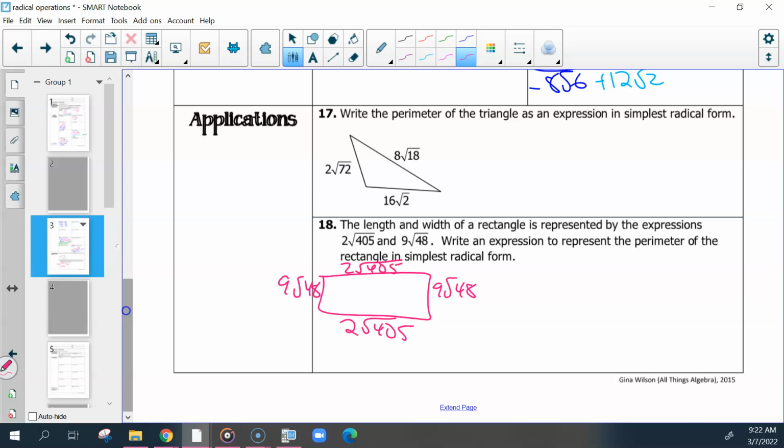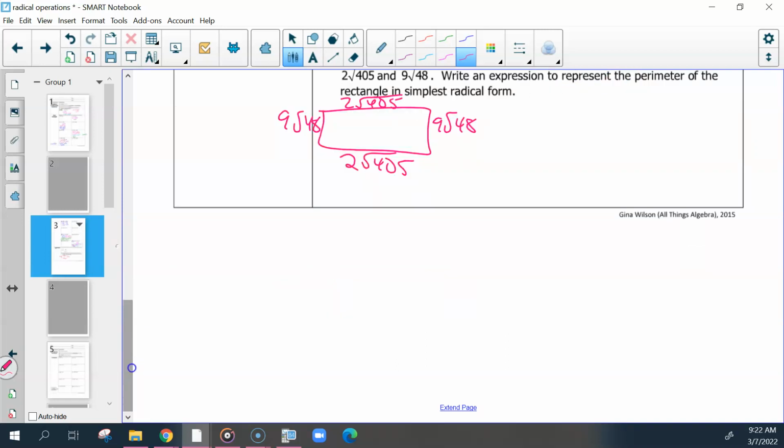But we need to do a couple things. We need to simplify these first. You could have also used your perimeter formula for a rectangle. You would just need to be careful here.